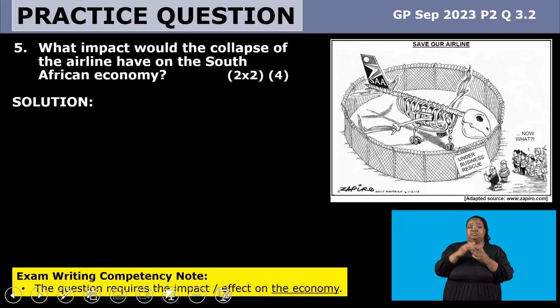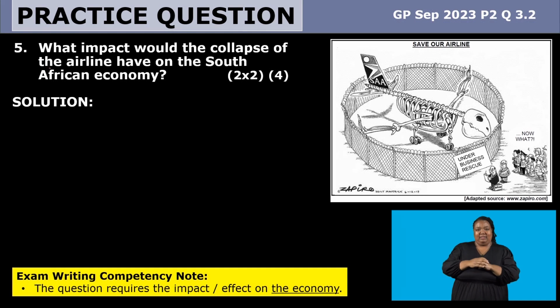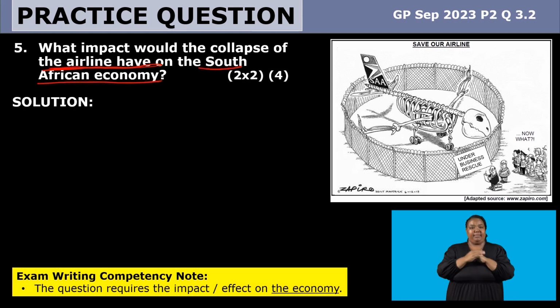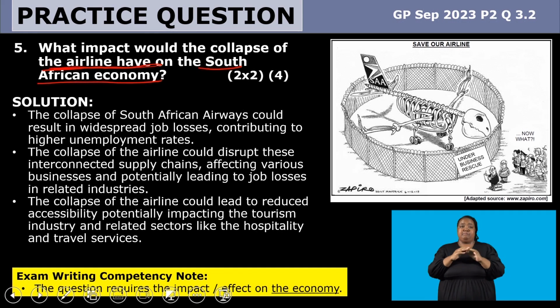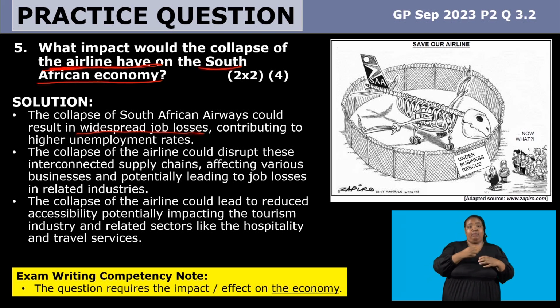What impact would the collapse of the airline have on the South African economy? So if this industry collapses, how does it affect the South African economy? The collapse of the South African Airways could result in widespread job losses, contributing to higher unemployment. So the people that would be working in that industry will lose their jobs if it collapses.